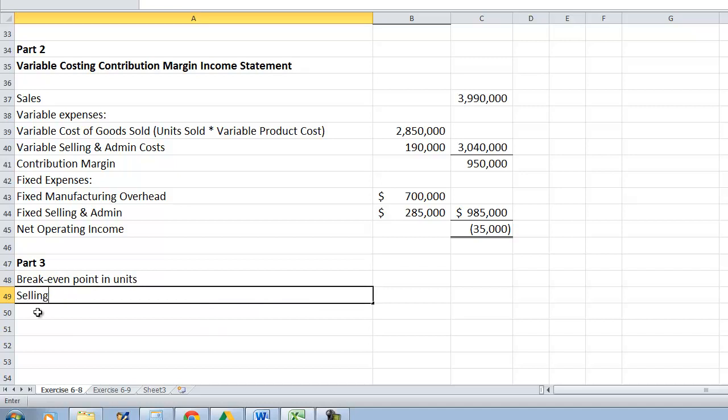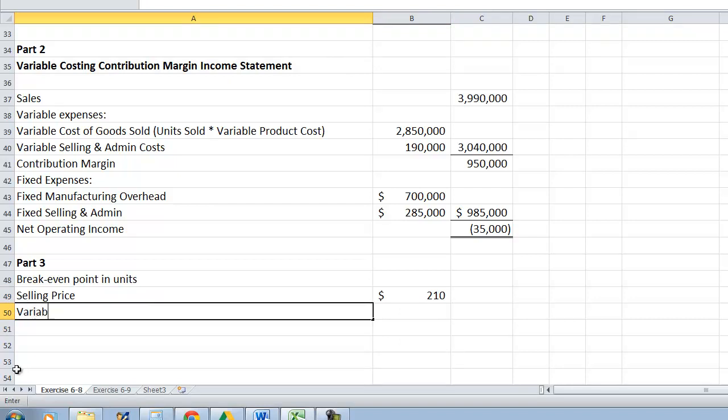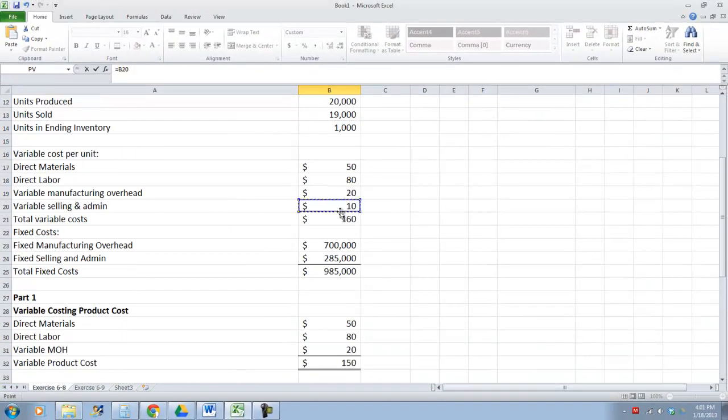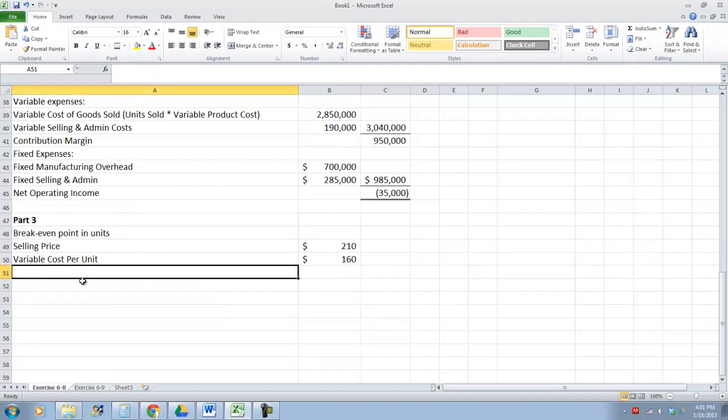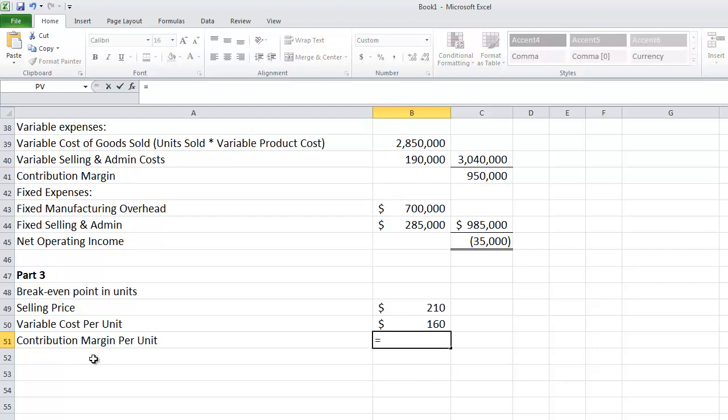We can do this by taking the selling price, which is 210, and then the variable cost per unit, which is 160 up here. Our contribution margin per unit equals our selling price minus our variable cost. So each unit contributes $50.